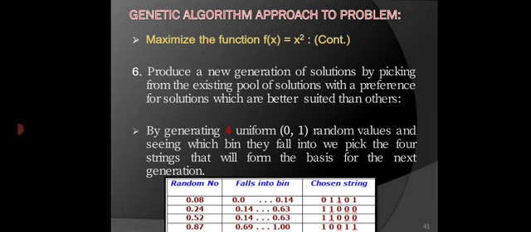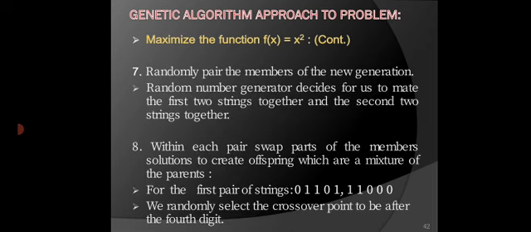So the random number falls into this bin, and the chosen string is this, right? Now randomly pair the members of the new generation. The random number generator decides for us to match the first 2 strings together and the second 2 together. Within each pair, swap part of the member solutions to create offspring.